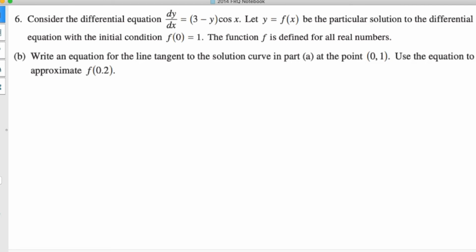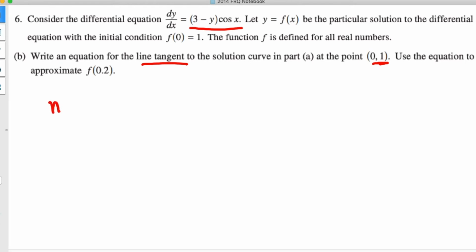The next one, we want to write an equation for the tangent line, which means derivative, to the solution curve from part A, at the point 0, 1. Well, we already have the slope, dy dx, right here, 3 minus y cos x. So the first thing we want to do is plug in our values for 0 and 1.